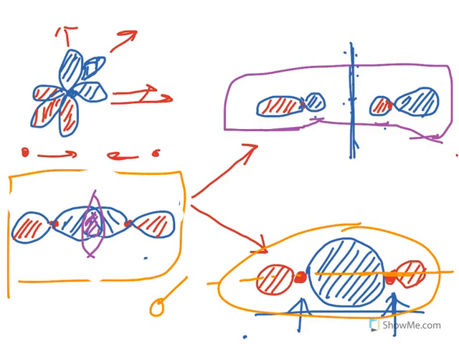Since the density of the orbital is on the bonding axis like that, we call this a sigma, and it's anti-bonding because there's no electron density between the two atoms. It cancels out. That's why it's anti-bonding. This one is bonding because it has a large amount of electron density here on the bonding axis between the two atoms.